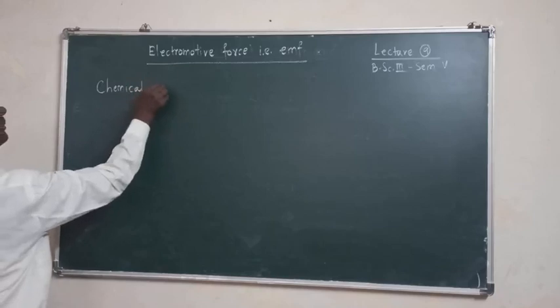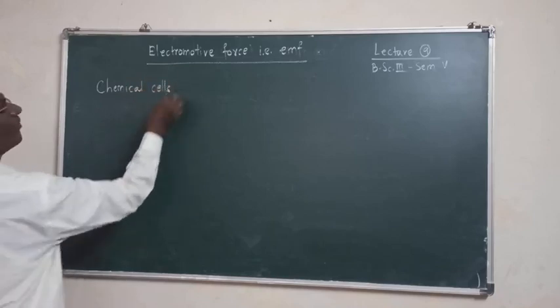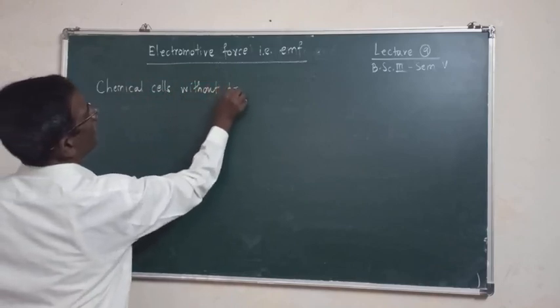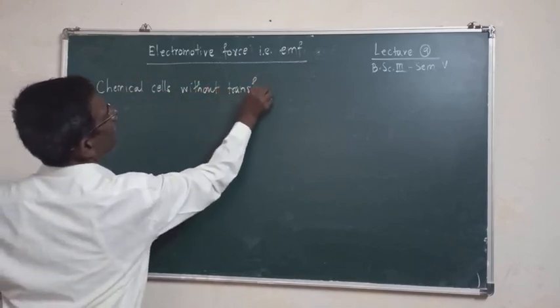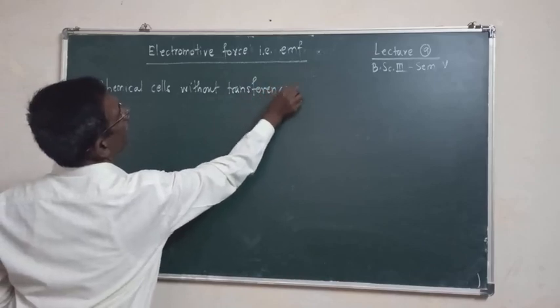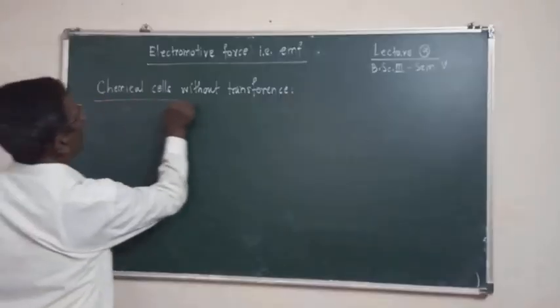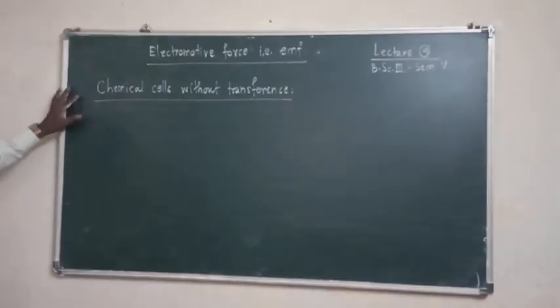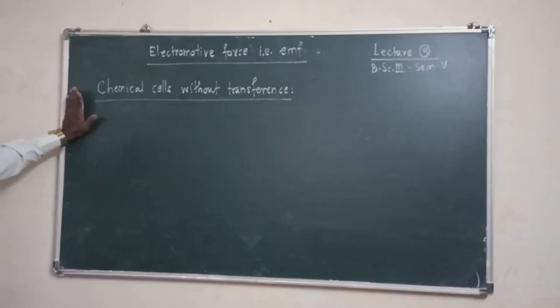Chemical cells without transference. These are the most important points from the examination point of view, because all these types of cells will be asked in the exam for 10 or 8 marks.